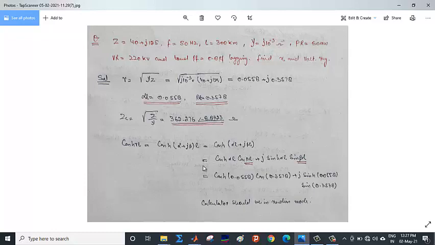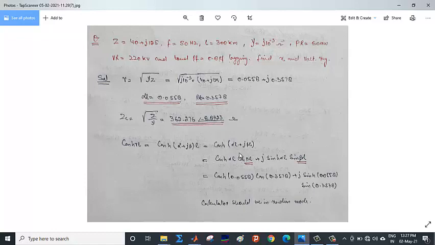When we open it, this form would be cosh alpha L into cos beta L. Here it is not hyperbolic, it is only cos beta L, plus j times sinh alpha L into sin beta L. So you need to remember this format to convert this, because if you directly use this in your calculator, you may not get it solved.